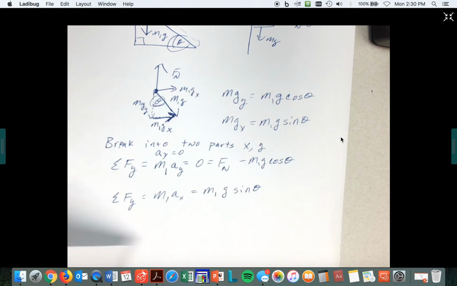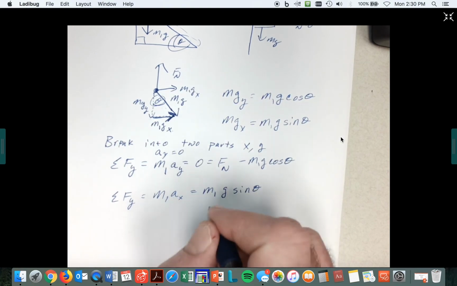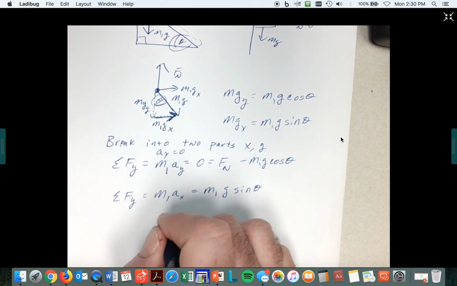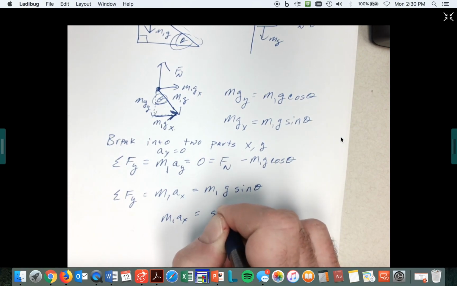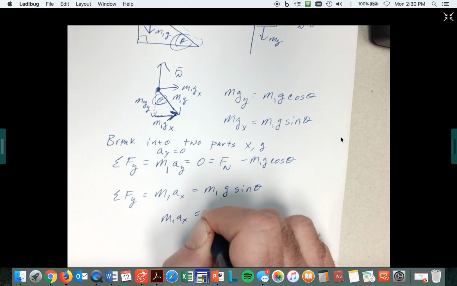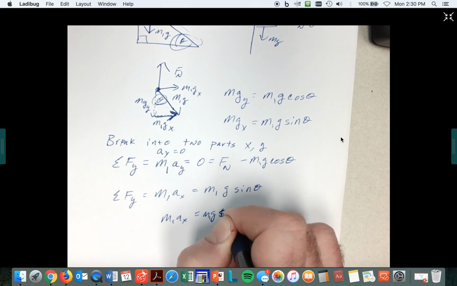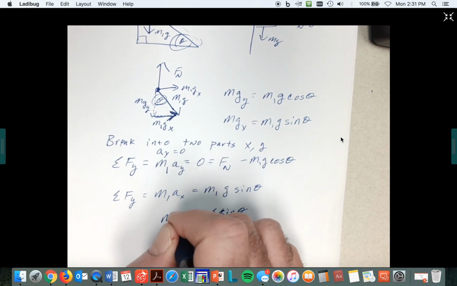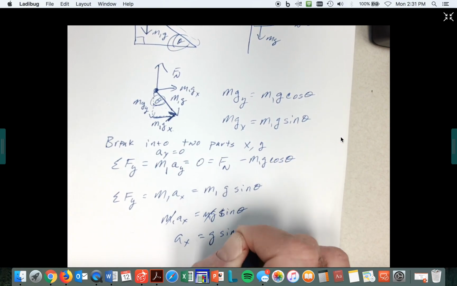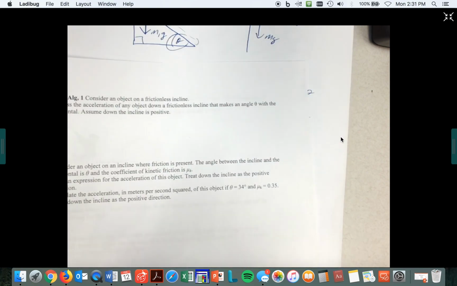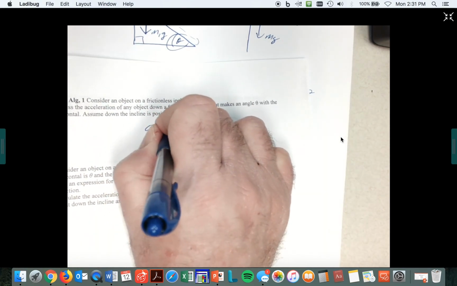To get the expression for it, I divide both sides by m1. So the acceleration in the x direction is equal to g sine theta. Now we'll look at it with friction.